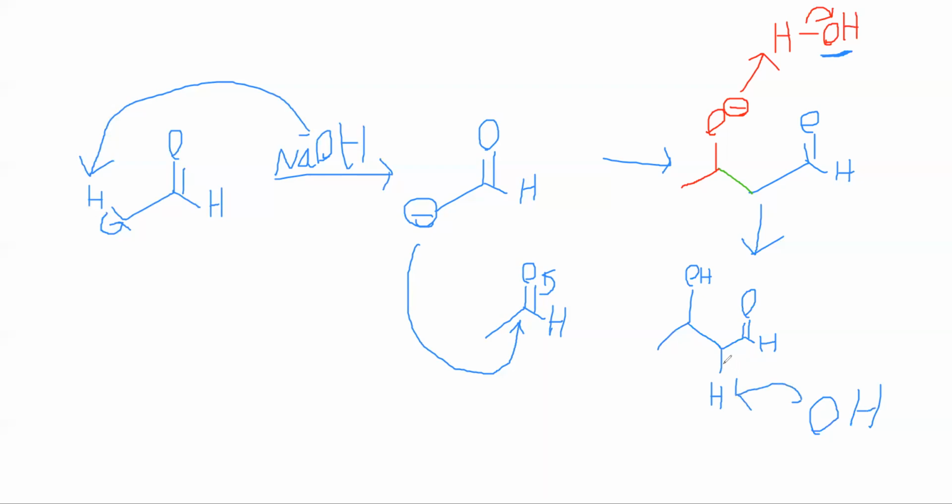It can form another enolate, because there's still a proton there. And the enolate will still be resonance stabilized by the aldehyde. And then the enolate can do an elimination reaction to kick out the alcohol.